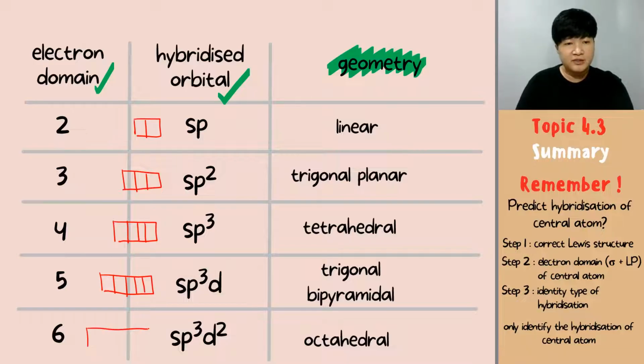Last but not least, when the hybridized orbital is sp3d2, it means one from the s, three from the p, and two from the d orbital. I hope you remember that.